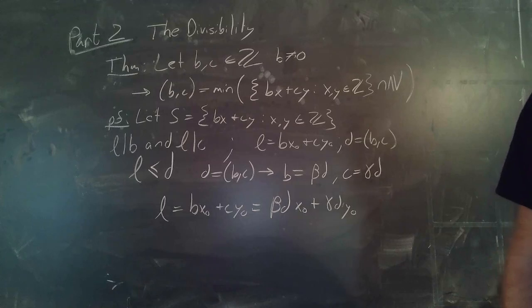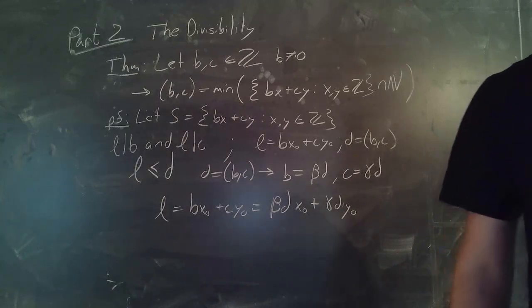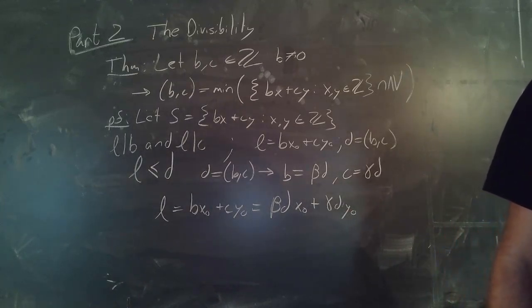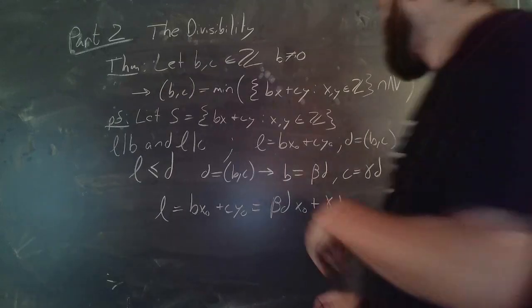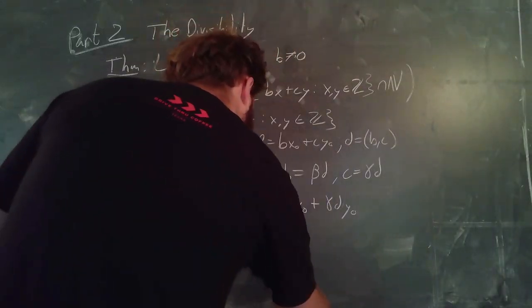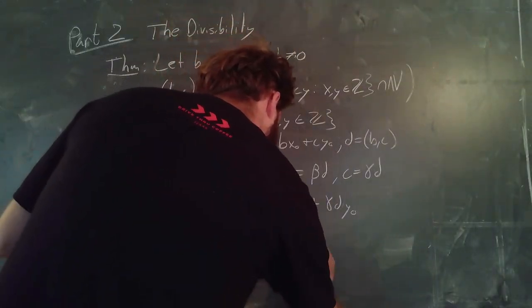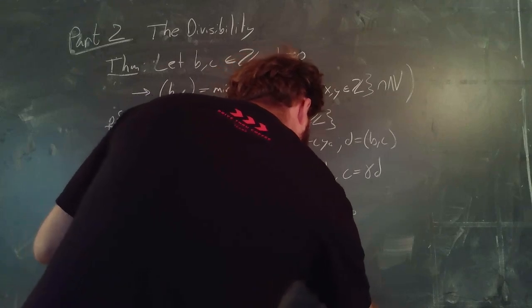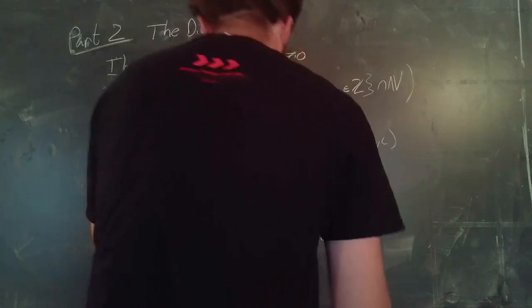Now notice here that we can factor out a d from this expression, which will give us d times (beta x0 plus gamma y0).